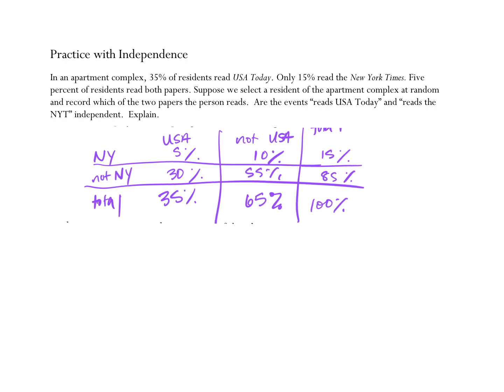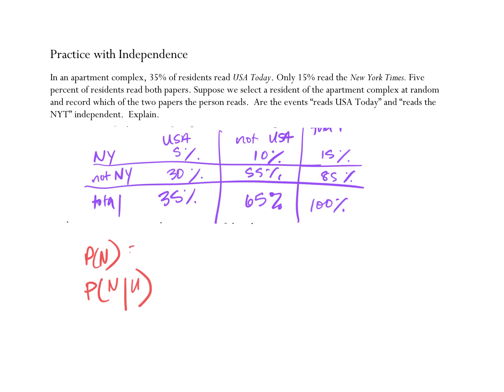Just the probability of reading the New York Times, and the probability of the New York Times given that you read USA Today. Okay? We want to see, does knowing somebody read USA Today change the probability of whether or not they read the New York Times?